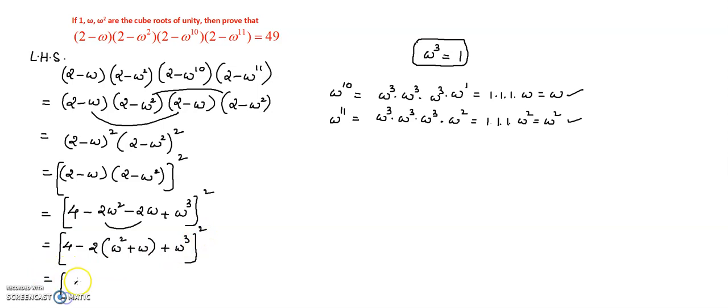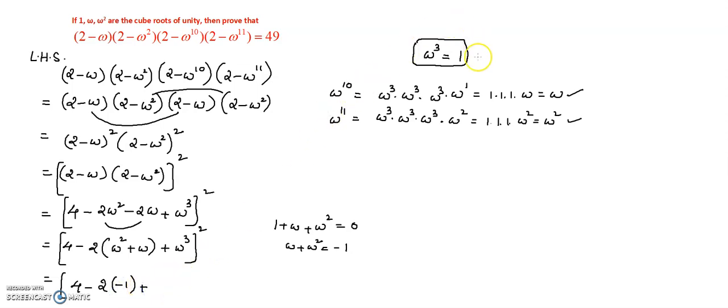So we can write this as 4 minus 2 into, we have the condition that the sum of the cube roots of unity is equal to 0, that is 1 plus omega plus omega square is 0. So by taking 1 on the other side, we can write omega plus omega square as minus 1. So instead of omega square plus omega, we can write minus 1.